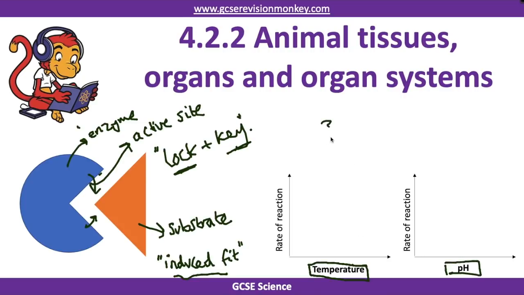Temperature inside the body is maintained at 37 degrees C. So with enzyme activity you'll see a graph showing that as temperature increases, the rate of a reaction increases. There'll be an optimal temperature and then it will drop off. Optimum means best. Inside the body, the enzymes will work best at around 37 degrees C, because that's the temperature inside the body.